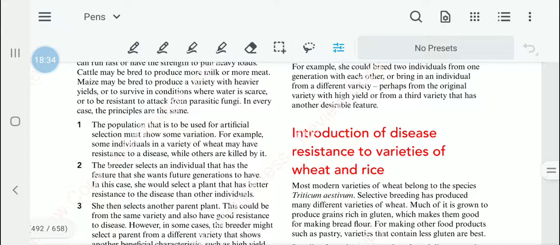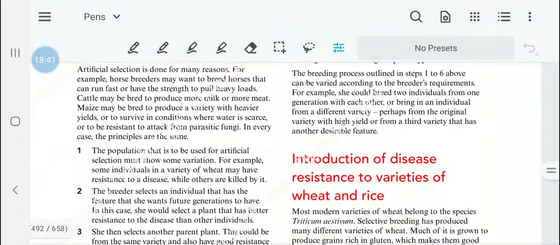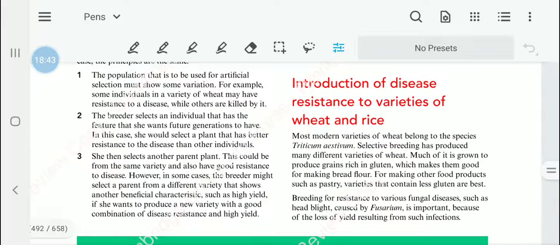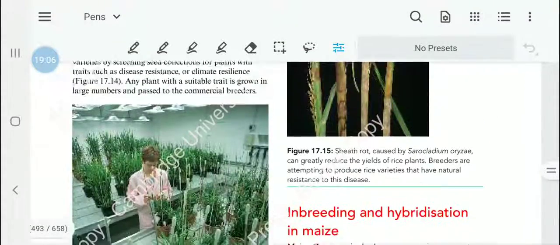By selective breeding or artificial selection, the most desirable wheat or rice plants are grown which would have the characteristics that are most desirable.